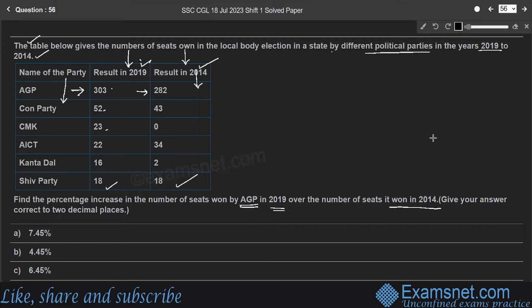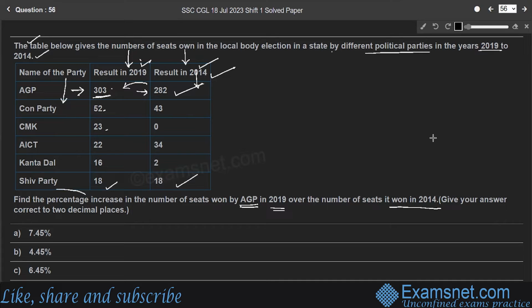So there is an increase in the number of seats won by the same party compared to 2014. It is 303 now in 2019. It was 282 in 2014.